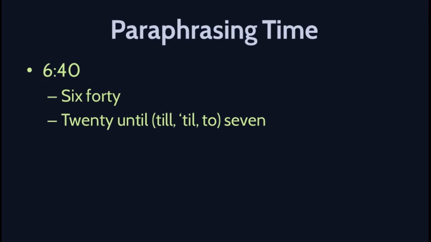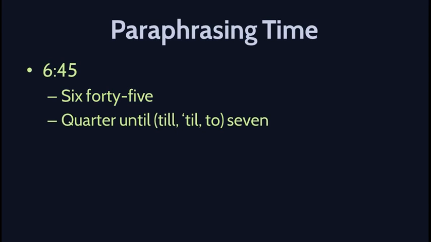It can be written in several ways and pronounced in slightly different ways. They sound fairly similar, so you should be able to catch the meaning anyway. This time would be 6:45, quarter to 7, quarter until 7, quarter till 7.